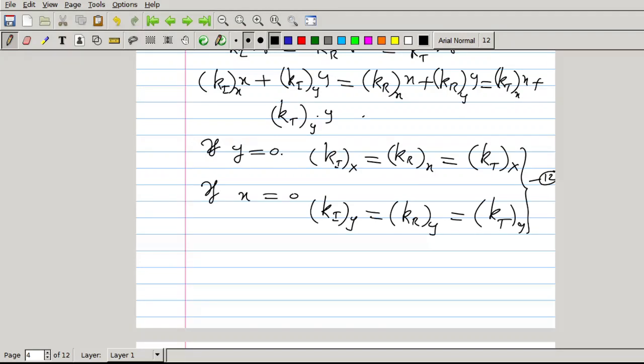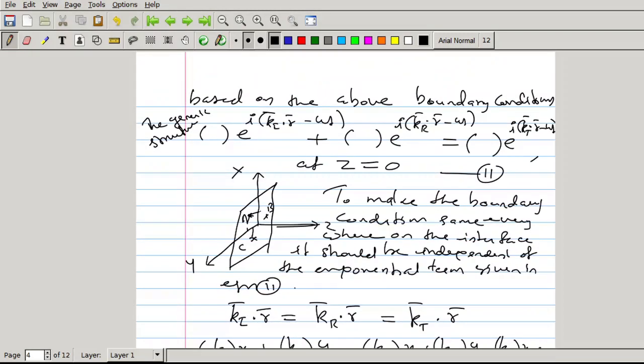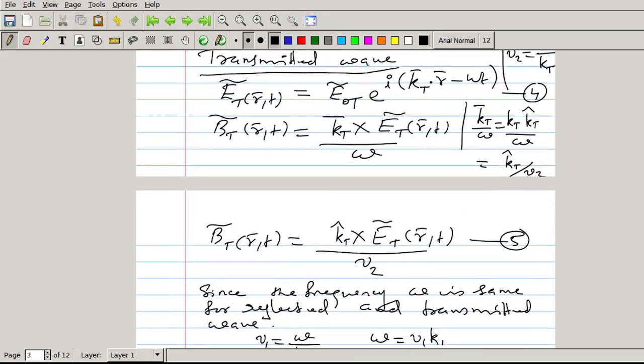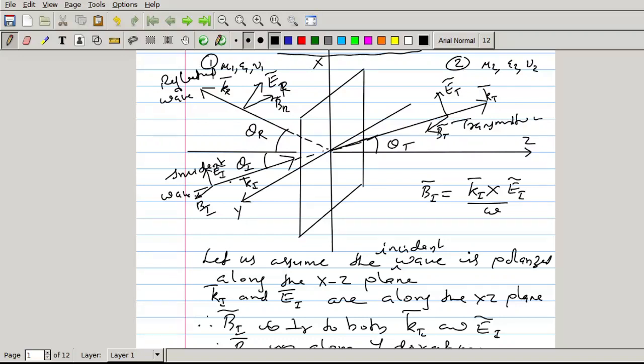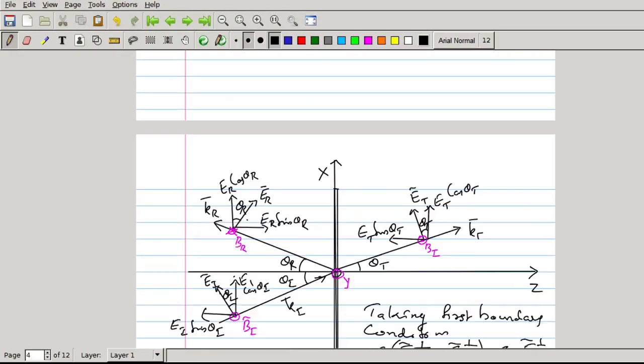If you restrict, if you take y equal to 0, or if you take x equal to 0, then the wave vectors are along the same plane. That means if you restrict your incident wave vector along the xz plane, then the reflected wave vector and transmitted wave vector are along the xz plane.